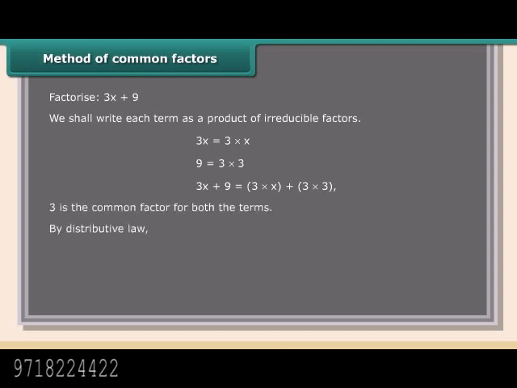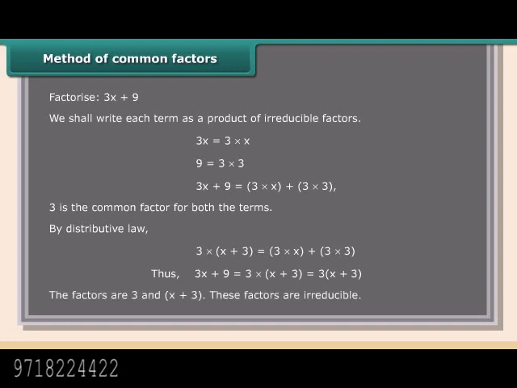By the distributive law, 3(x + 3) is equal to 3 × x + 3 × 3. Thus, 3x + 9 is equal to 3(x + 3). The factors are 3 and x + 3. These factors are irreducible.